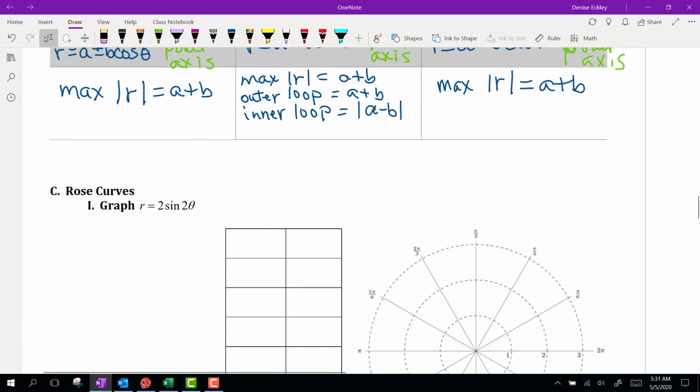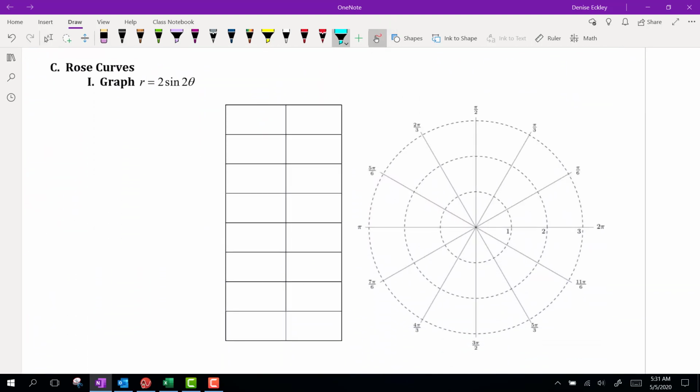So let's try it out on a Rose curve. Starting with symmetry, let's check for symmetry. I'm not going to go into as much detail as I did in the beginning, because you now see what we're doing here, and you can double check the symmetry test. So we're looking for polar axis symmetry.